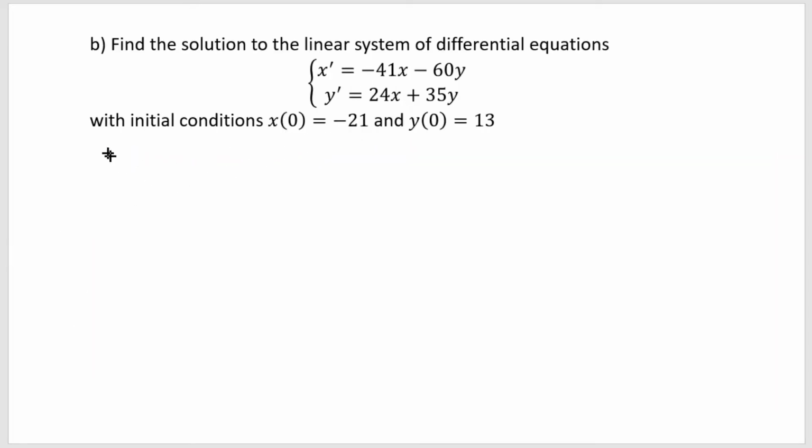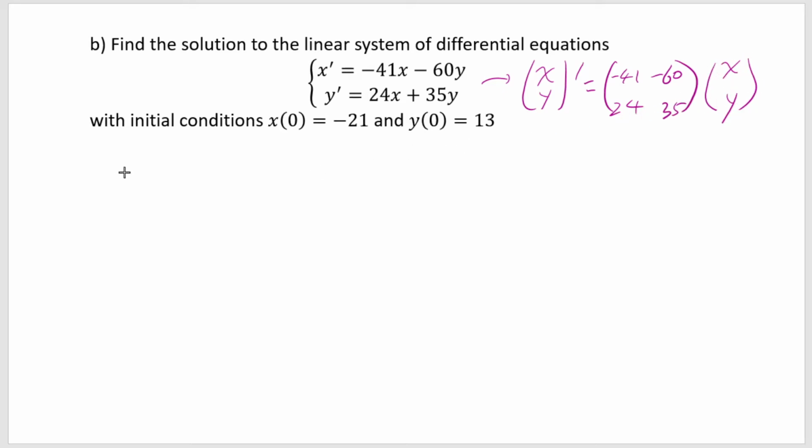So the general solution, because this is represented as matrices with this exact same matrix that we just worked with, and we know that the eigenvalues are lambda equals negative 1 with eigenvector, actually, positive 3 and negative 2, and we also had lambda equals negative 5 with eigenvector 5 and negative 3.